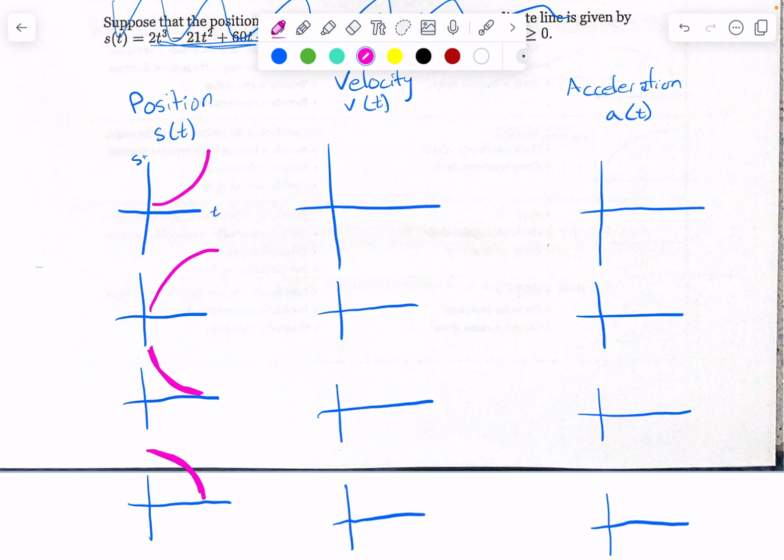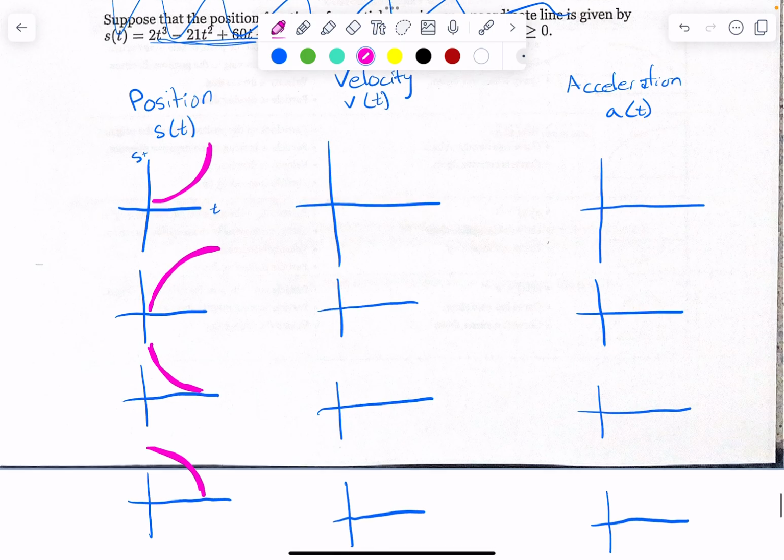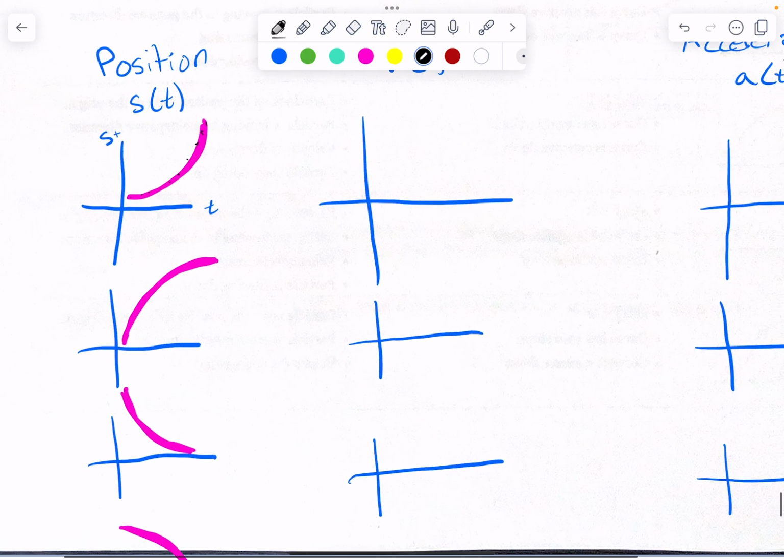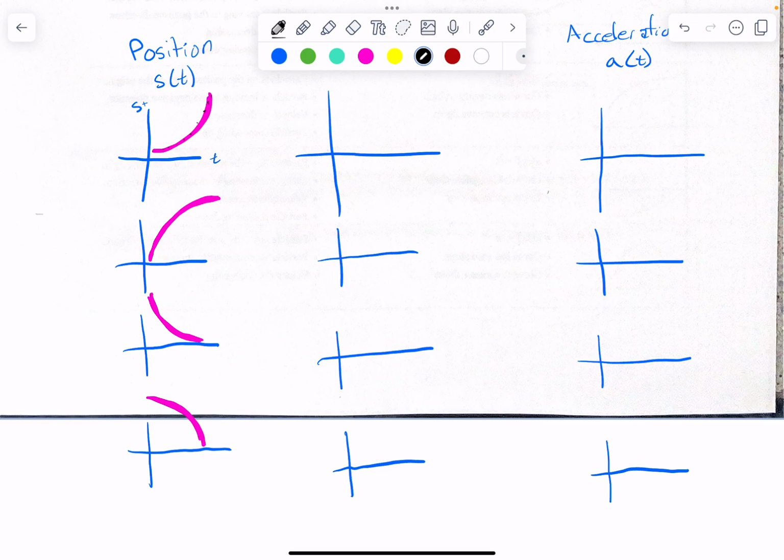And we'll link that back to what we know about those things here in just a second. Those 4 things could be happening. Position function, so this is like a particle that's moving uphill like that, okay? So get those 4 written down, and then we'll talk about what the velocity is doing and what the acceleration is doing, okay?